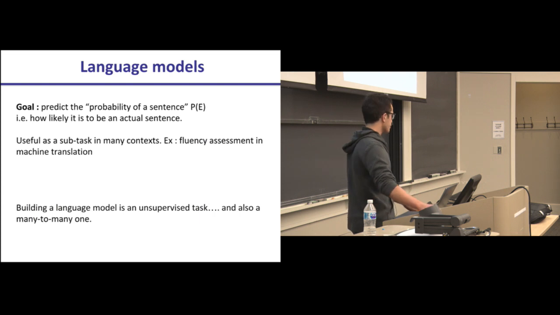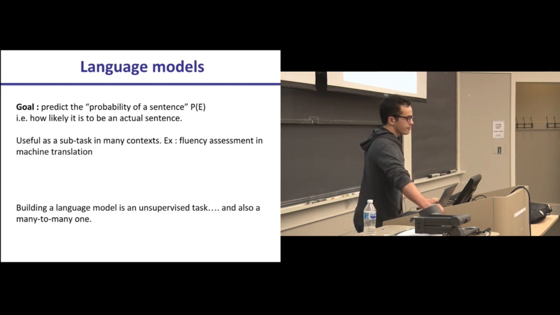Now, language models, what are they doing in all this? Basically, a language model is a component of NLP systems that gives you the probability of one sentence conditioned on nothing. So it's probability in general, so to speak, which doesn't seem to mean much, but basically you can see it as an indicator of how likely your sentence is to be a real sentence.